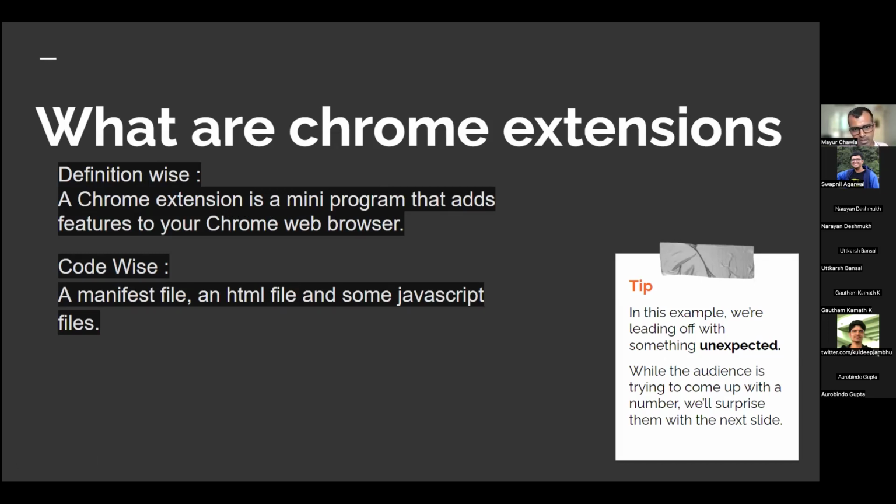If you include one manifest file, it will become a part of a Chrome extension. And that manifest file itself is a Chrome extension. But to add features, like having some code to run and add functionality in the Chrome browser, you can include HTML files and JavaScript files.